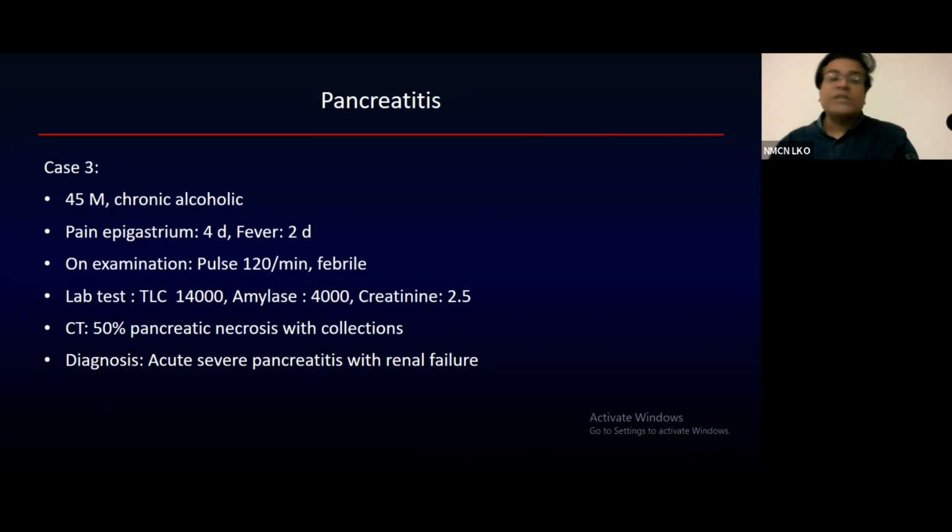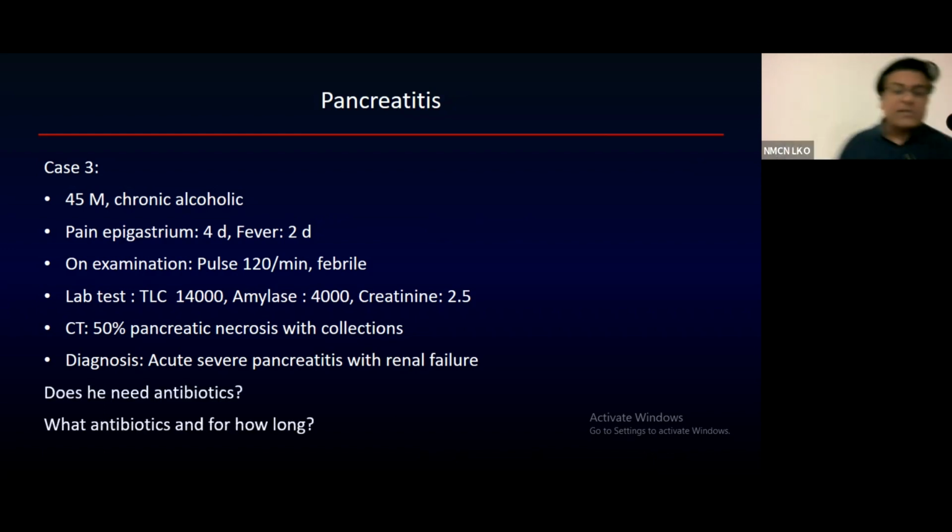So mind you, this patient is a young patient, fourth day of severe acute pancreatitis with necrosis more than 50%, with renal failure, that is organ failure. So in this particular scenario, does he need antibiotics?